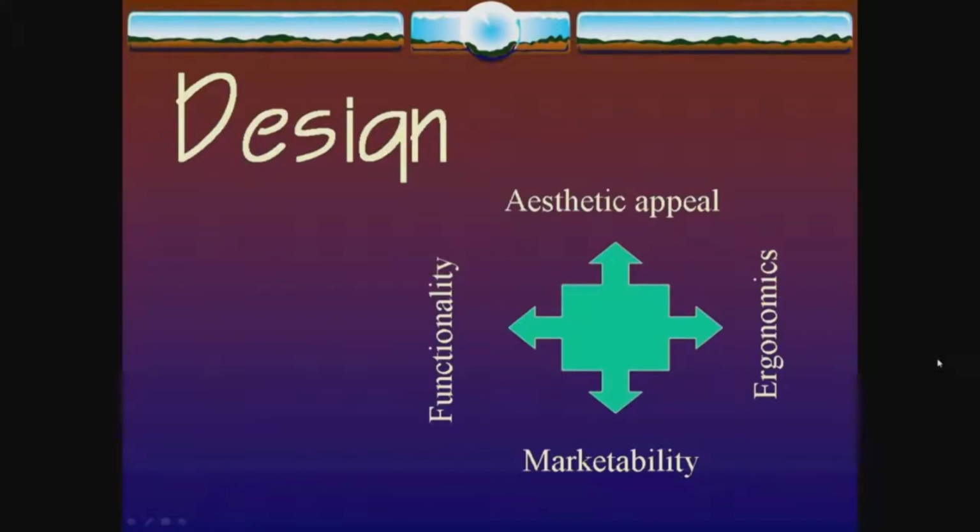The first thing that attracts your attention when you look at any product is probably aesthetic appeal, how it looks. We cannot ignore it, whether you talk about a mobile, a home, or any other objects that you own. And then once you touch it, suddenly you find out the ergonomics, how well it can be handled.